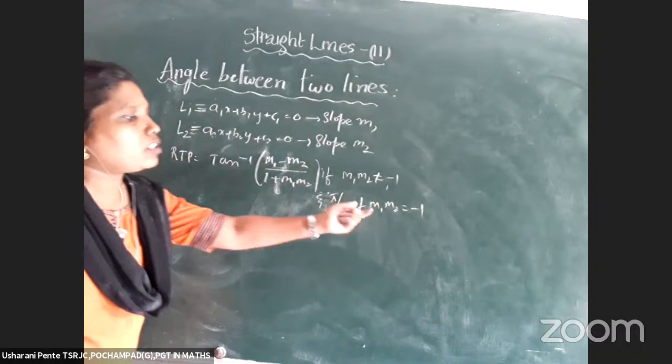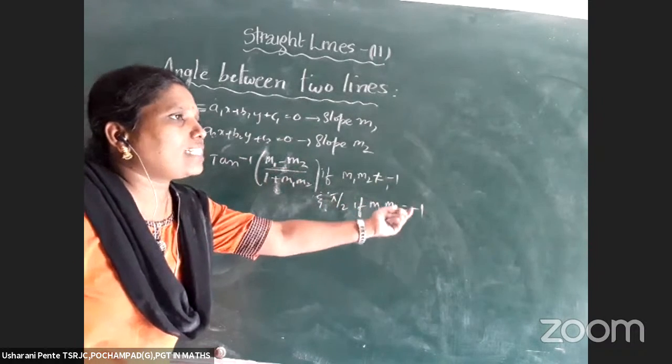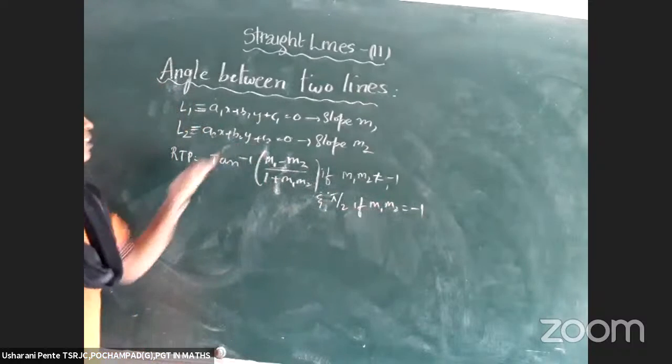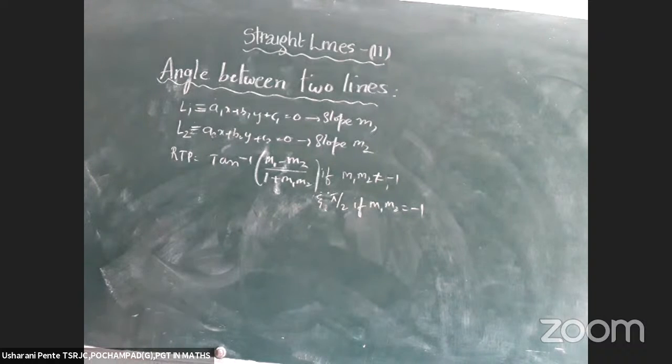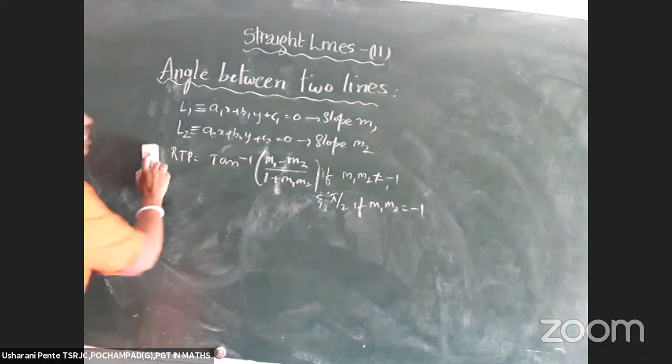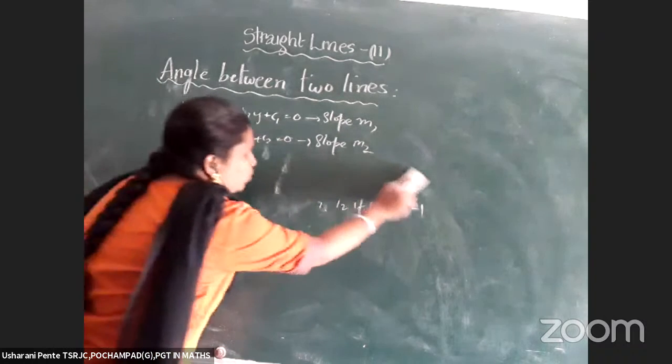And if the product of the slopes of the 2 lines is minus 1, then we need to prove that this angle is equal to 90 degrees. This is the thing we need to prove.